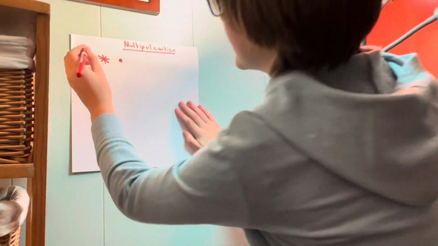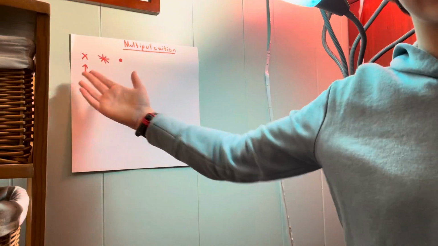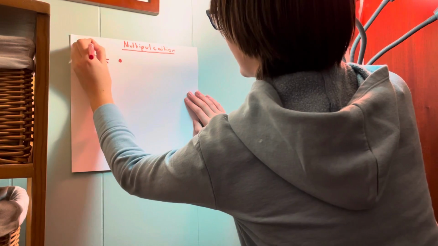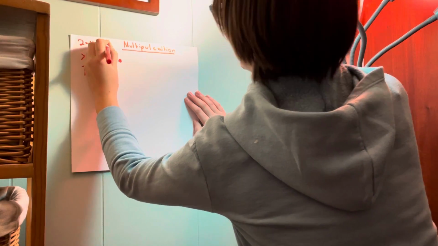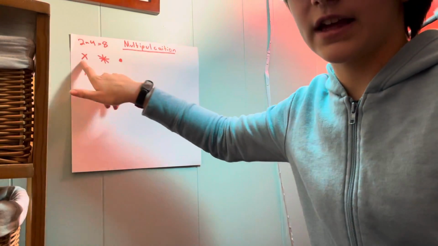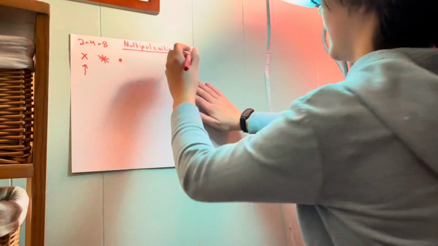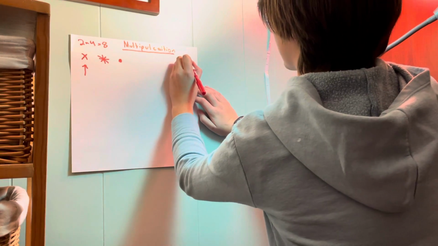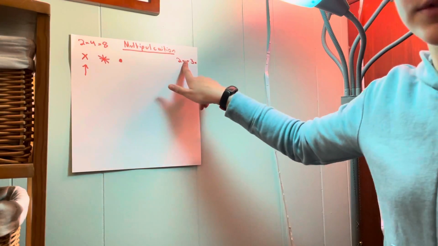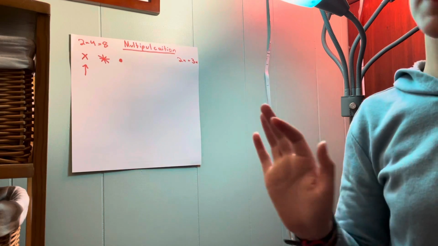So in elementary school, they taught us the X, as in 2 times 4, and that's obviously 8. But now we can't use X because now we're doing variables, which would be 2x plus 3x. So now you'd think that is a times sign, but then it would just be 2 times plus 3 times, which makes no sense.